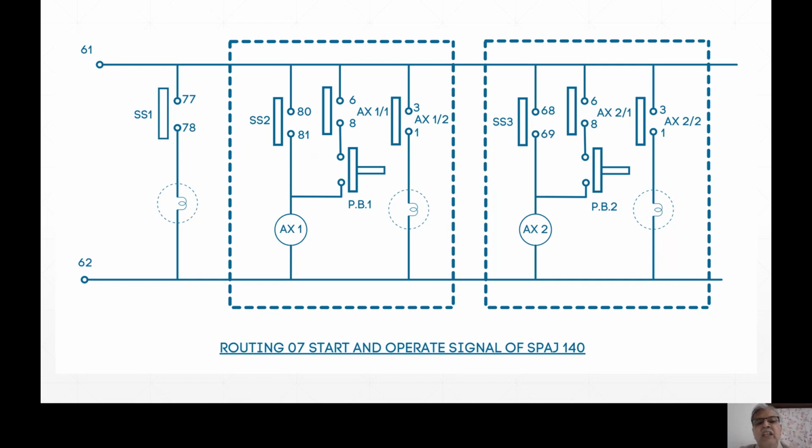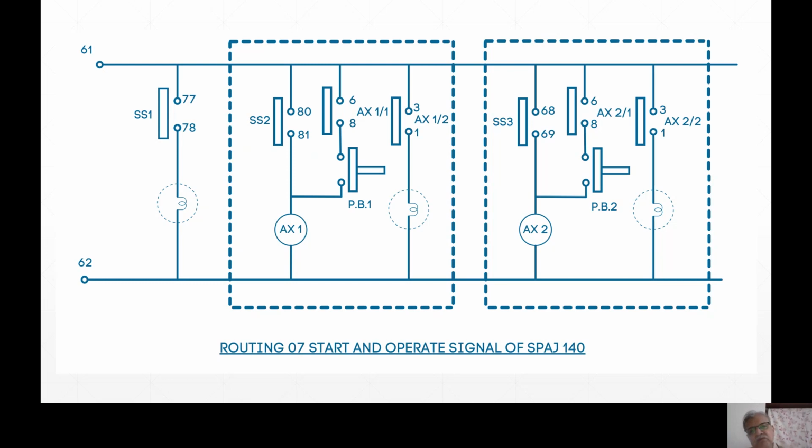If you do not want that, what we do is, by 80 81, once the auxiliary relay X1 is energized, it is latched by its own contact. And I have got an NC push button PB1. I have to push that NC push button PB1 to reset the relay. Otherwise, the relay will not be reset.